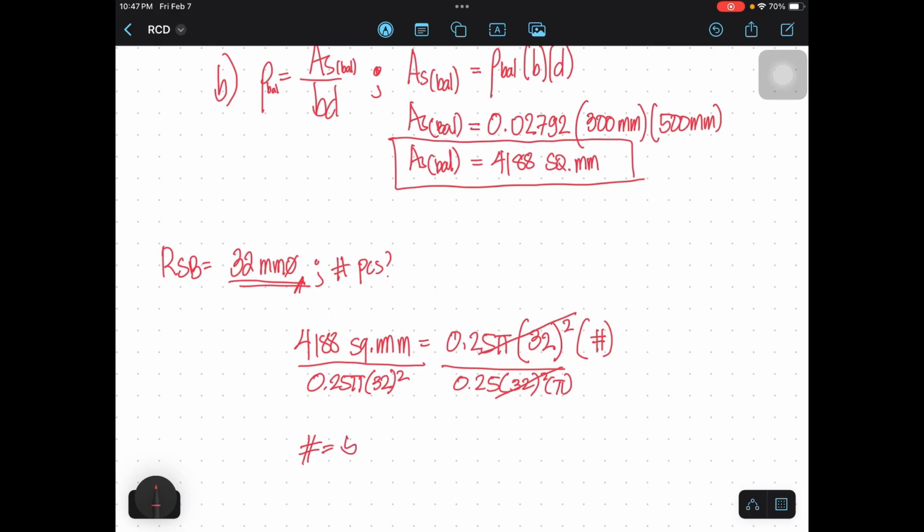So 5.21021 pieces or roughly 6 pieces of 32 millimeter diameter bar. Okay, so kakailanganin natin ng at least 6 pieces of 32 millimeter diameter bar to get the area of steel reinforcement under balanced condition.